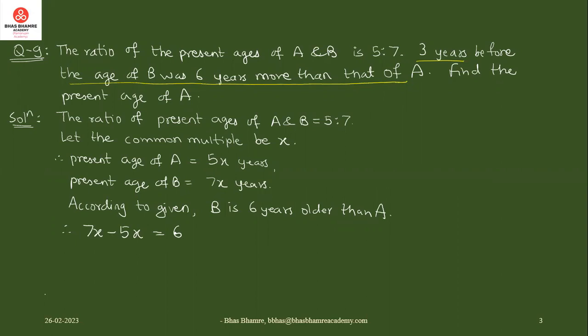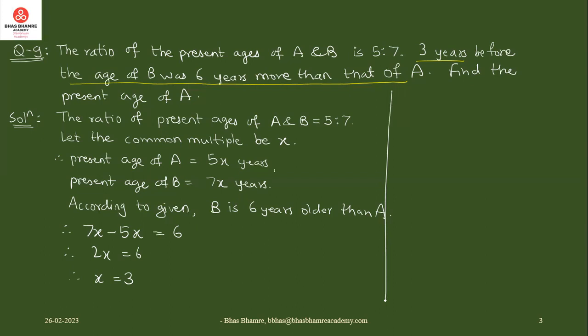B is older than A, that is the difference of their ages would be the same, that is 6. Therefore, we have 2x is equal to 6. So x comes 3. But what we need to find out? We need to find out the present age of A only. We don't need to find out any other thing.